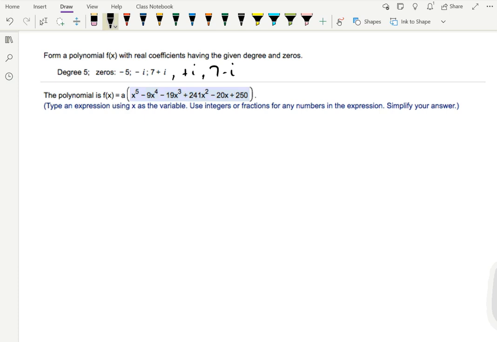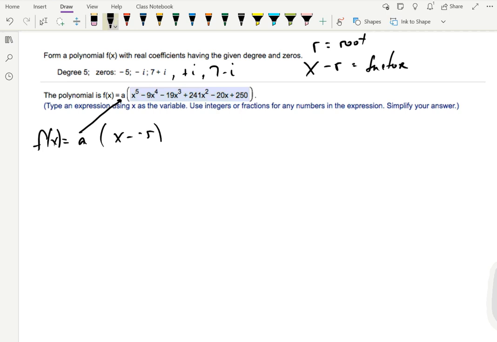Now that I know them, I can write them in factored form. So f of x is a. Notice that a is going to be listed for us in our homework, so that's a nice item. Then I'm going to end up with x minus -5, because remember, if r is a root or a zero, then x minus r is one of our factors.